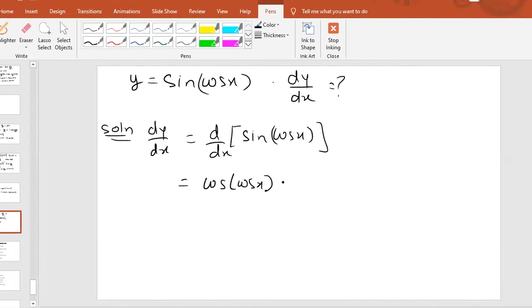Then multiply with the differentiation of the inside function. Then we have to write d by dx of cos x. Understand? D by dx of cos x. Now, what is the differentiation of cos x? Minus sin x. So the answer would be cos of cos x into minus sin x.